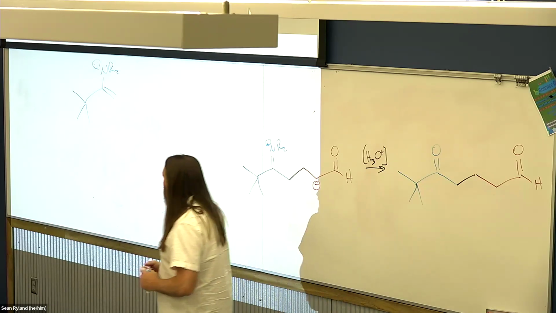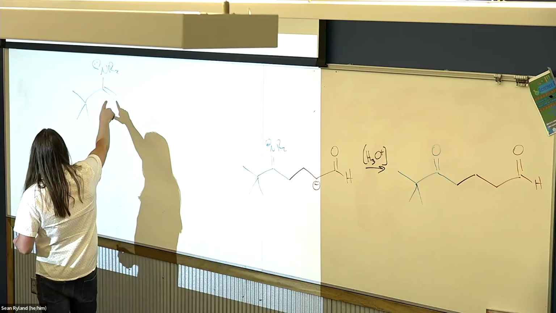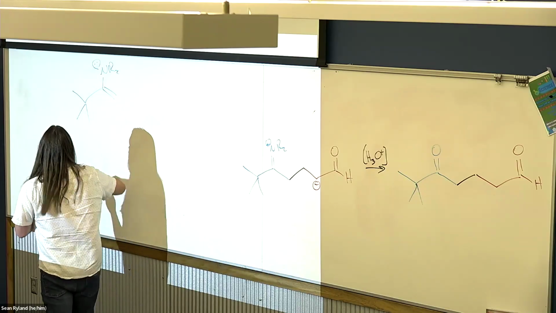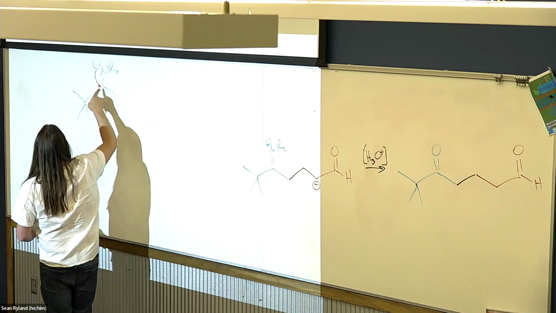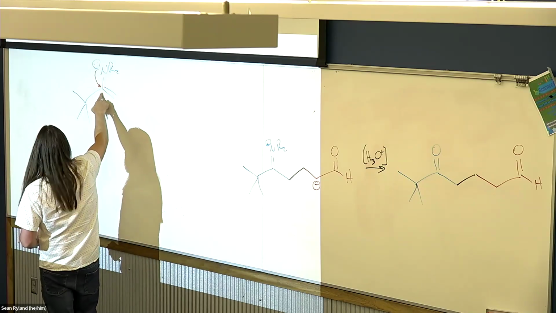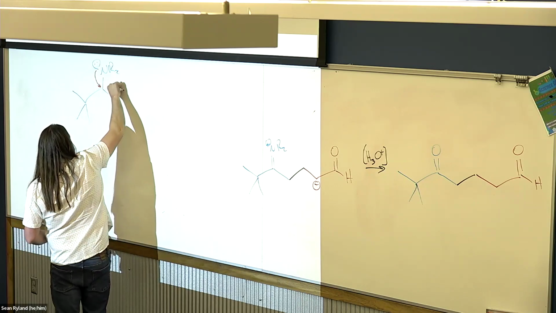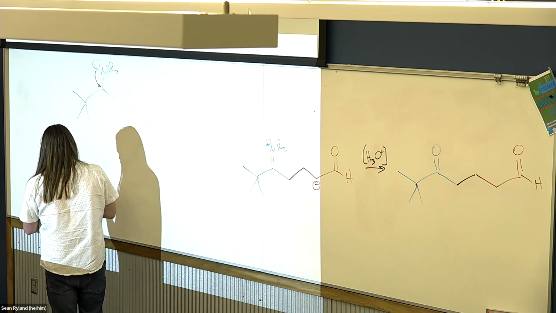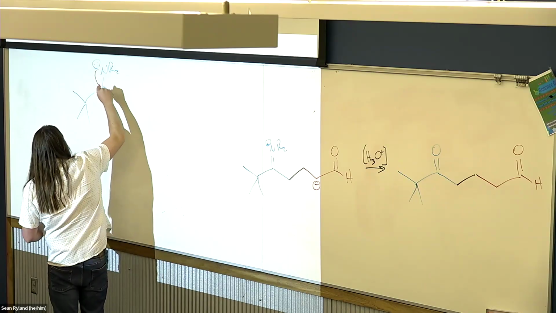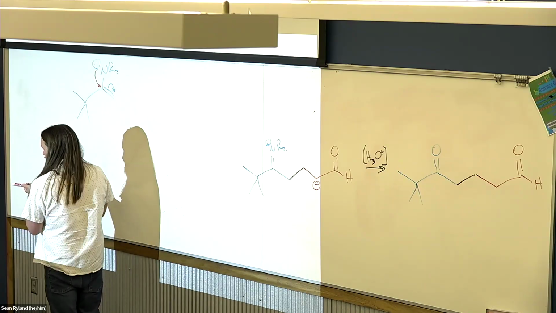Remember, anytime we get a lone pair conjugated with a pi bond, you basically have this lone pair move into the p orbital here, and that's going to push these electrons over.